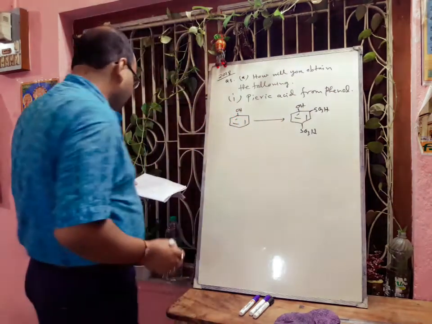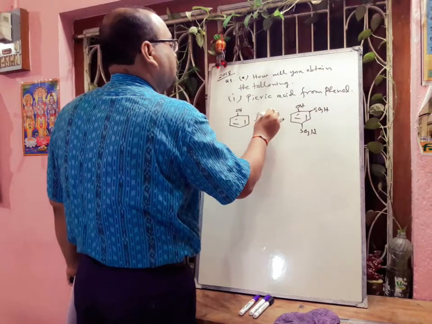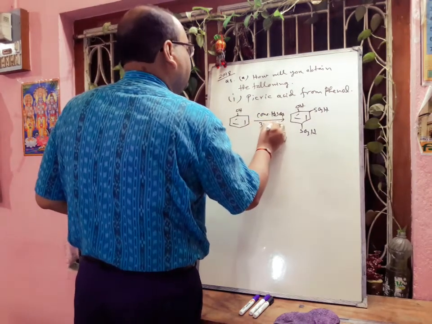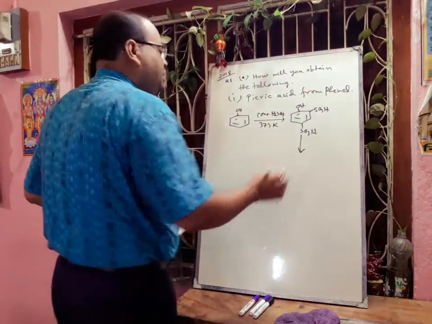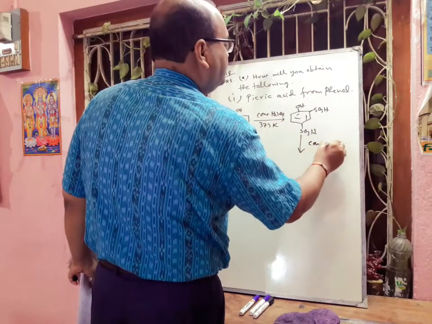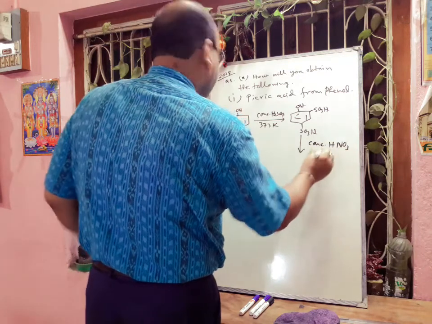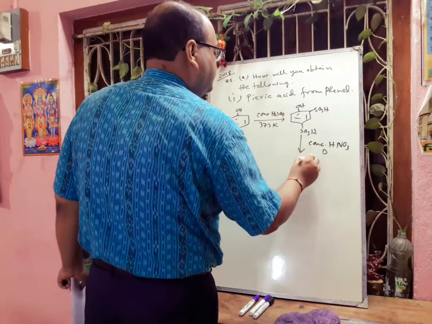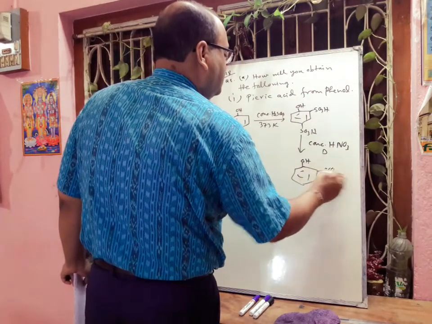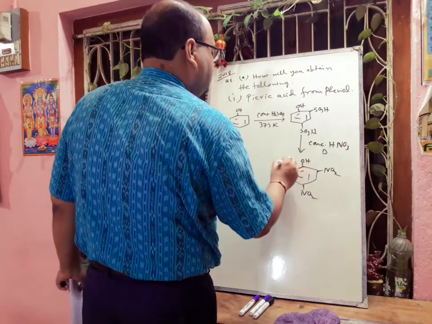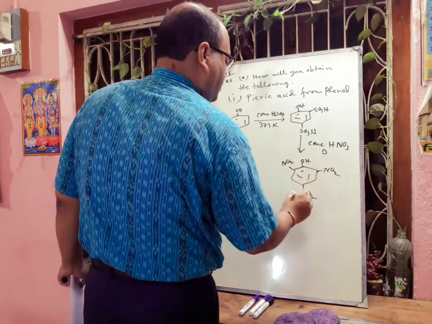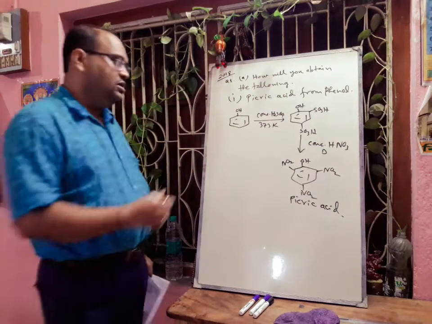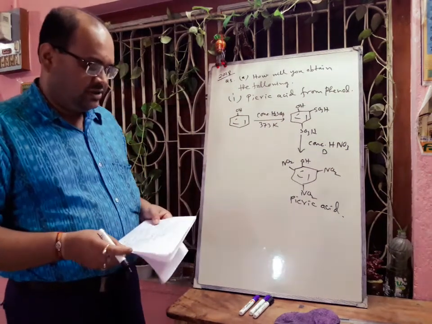Here the reagent we have to use is concentrated sulfuric acid, and temperature required is around 373 Kelvin. Then if we use concentrated nitric acid and apply heat, we will get the corresponding picric acid, and that is the best method. Picric acid is 2,4,6-trinitrophenol. So always write this method, because this is the best process.